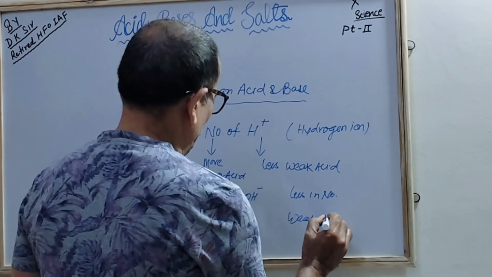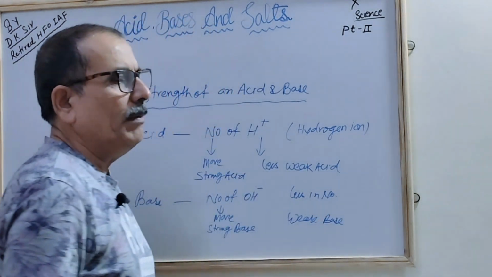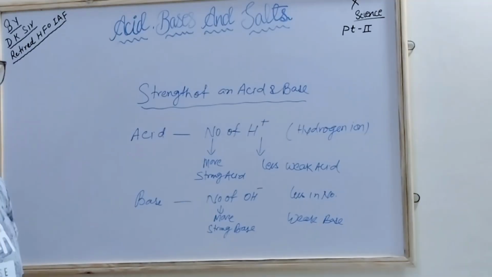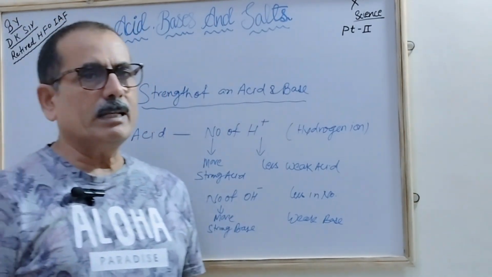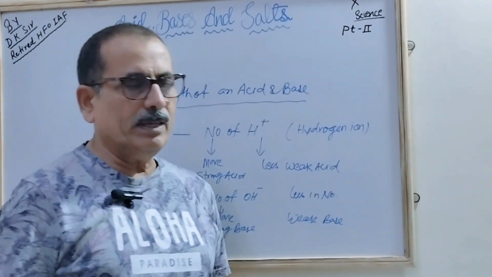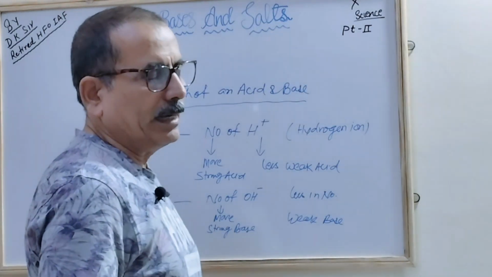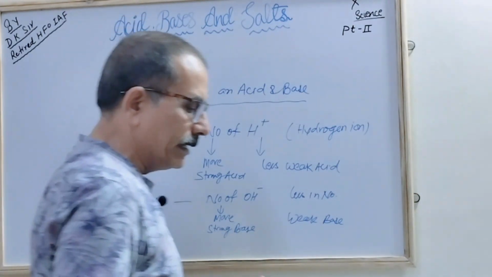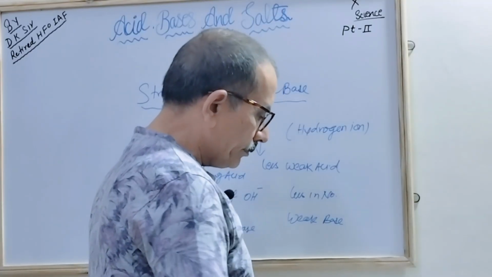It is so simple. I think you understood. The more H plus, the hydrogen ion, the stronger the acid. The strong acids you know are HCl, hydrochloric acid, sulfuric acid, H2SO4, and nitric acid. These are all strong acids. The rest you will find are weak acids, correct?